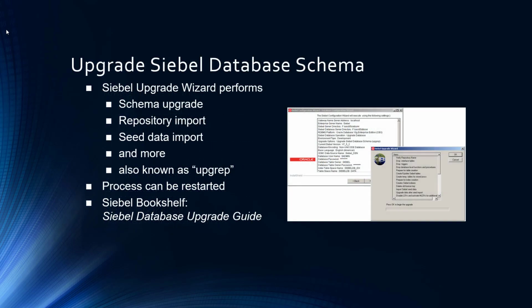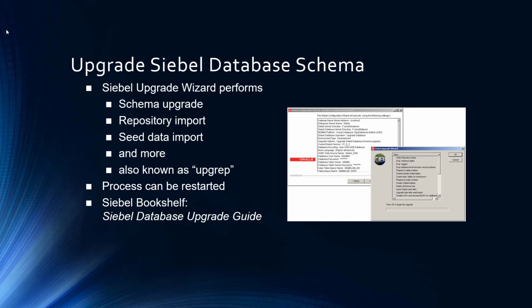The physical step of upgrading the Siebel database schema is performed by the Siebel Upgrade Wizard. The Siebel Upgrade Wizard performs a series of steps depending on the version you come from and the version you go to. But the usual steps are the schema upgrade, which is mostly additive in nature. New tables, new columns are created in the database.